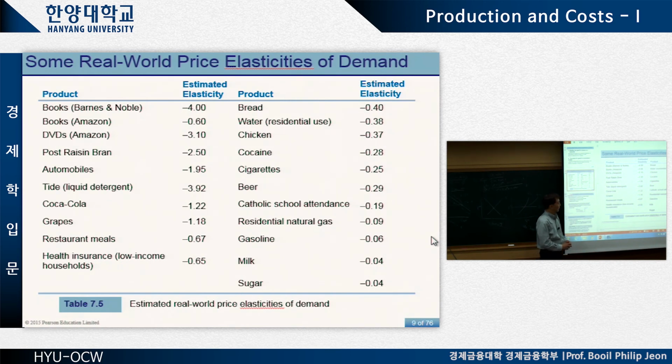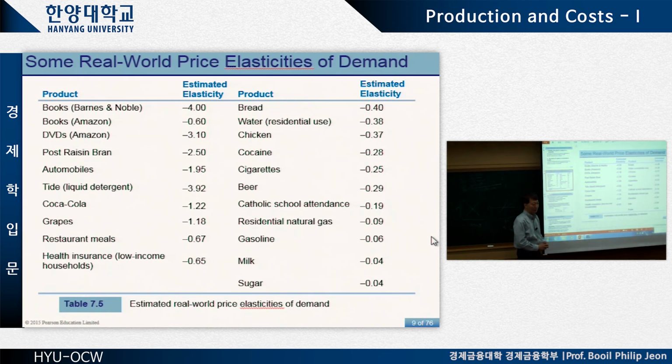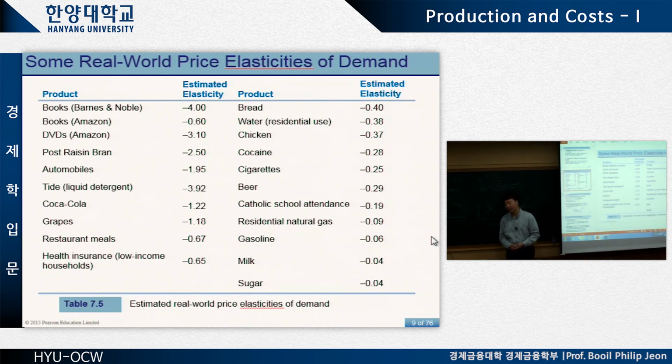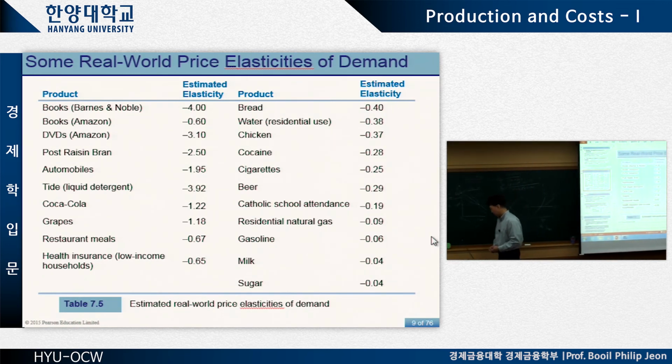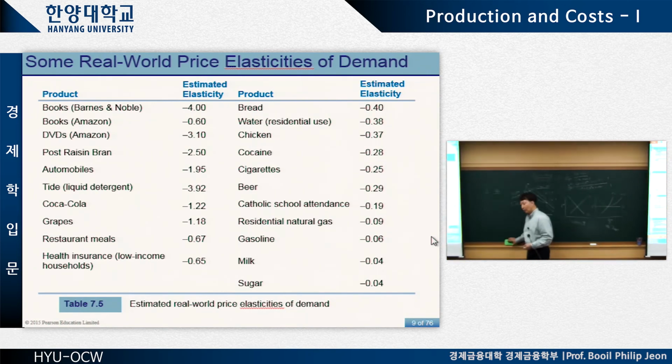Okay, now Catholic school attendance. That's a really interesting thing. I don't think there are many Catholic schools in Korea, right? But in the US there are many Catholic schools, which means they are private schools and expensive. Catholic schools are expensive, and still it has very low elasticity.